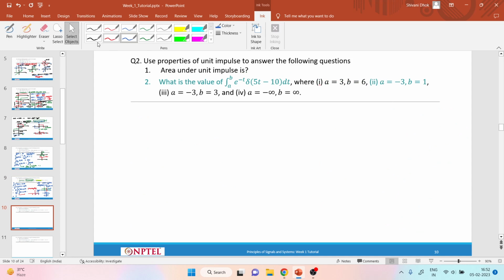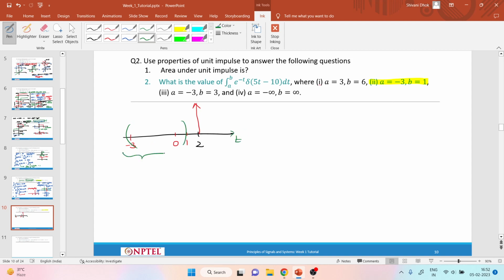Similarly, if I have this region, with a equal to minus 3 and b equal to 1, my impulse is located at 2, somewhere here, and my region of integration is from minus 3 to 1. That is, I am trying to integrate in this region.